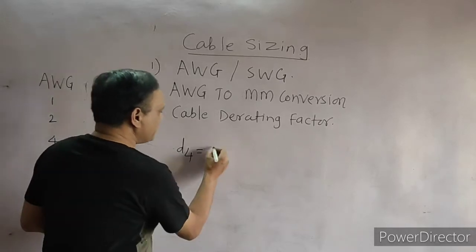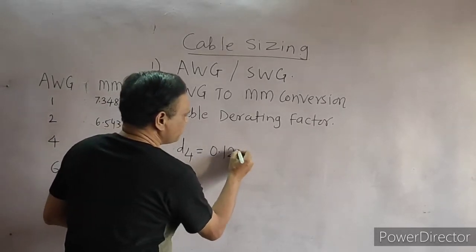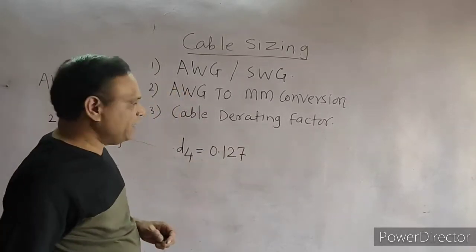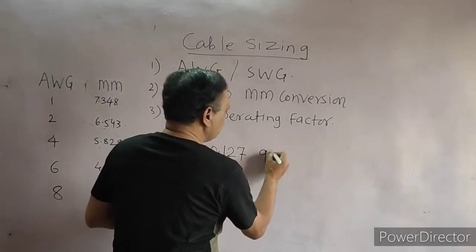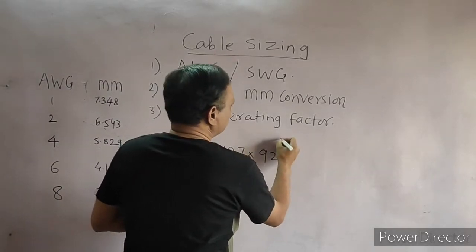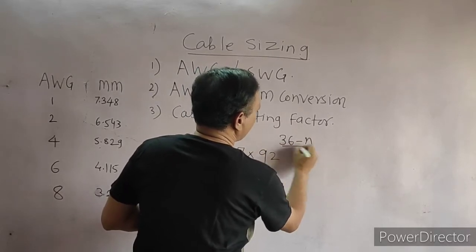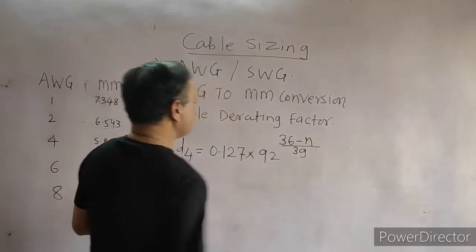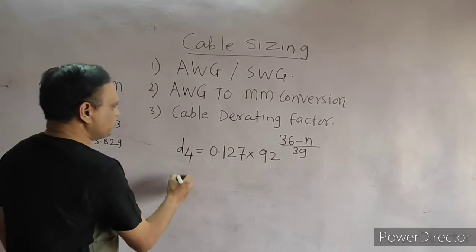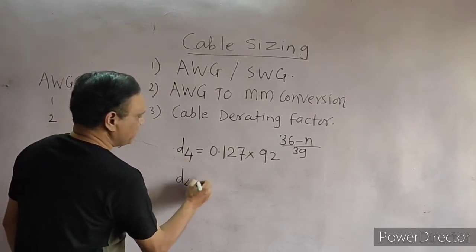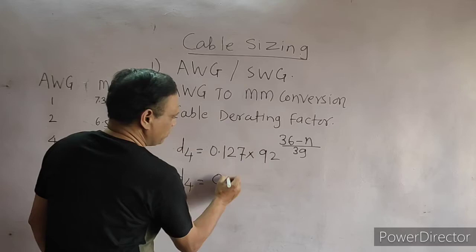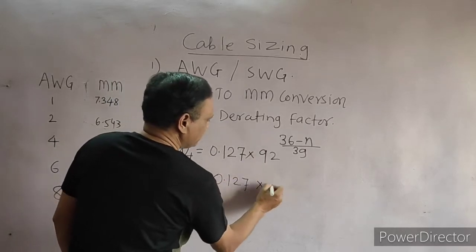If we want to calculate it, the formula is 0.127 into 92 raised to (36 minus n) upon 39. This is the formula.